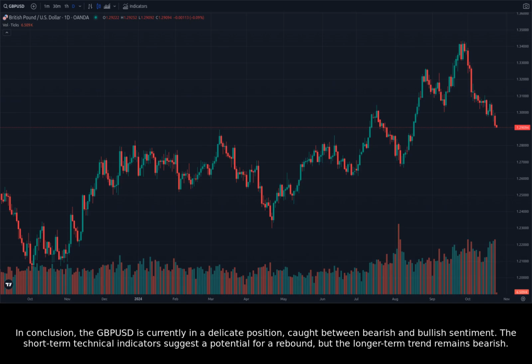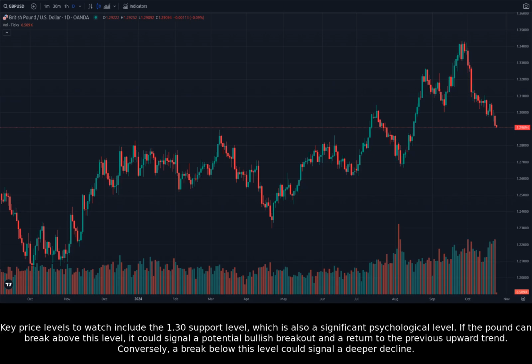In conclusion, the GBPUSD is currently in a delicate position, caught between bearish and bullish sentiment. The short-term technical indicators suggest a potential for a rebound, but the longer-term trend remains bearish. Key price levels to watch include the 1.30 support level, which is also a significant psychological level.